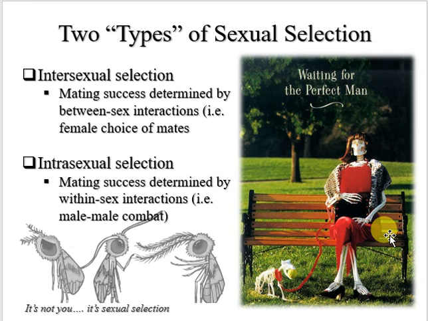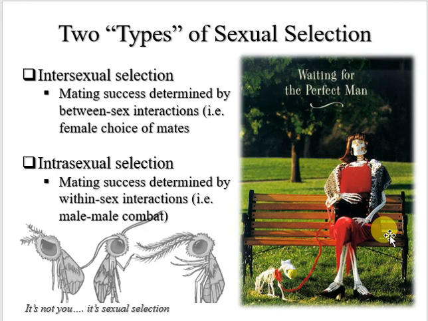That mate has good genes that are likely going to be passed on to offspring. And if the offspring are able to get those genes, then the offspring as well are likely to have increased reproductive success once they reach maturity. So that's the notion behind that intersexual selection.